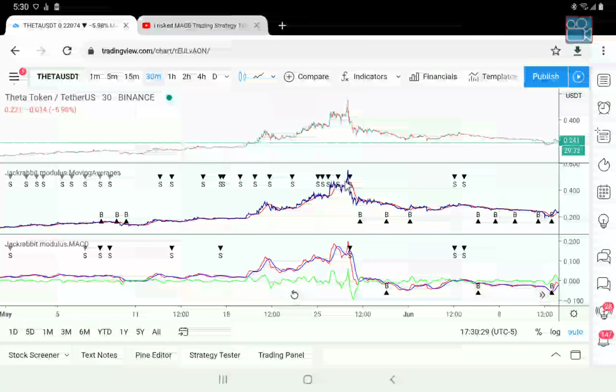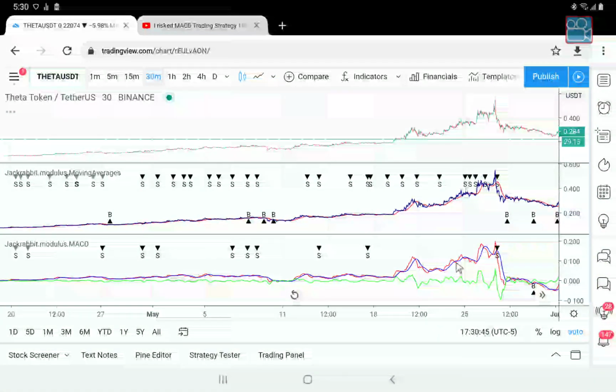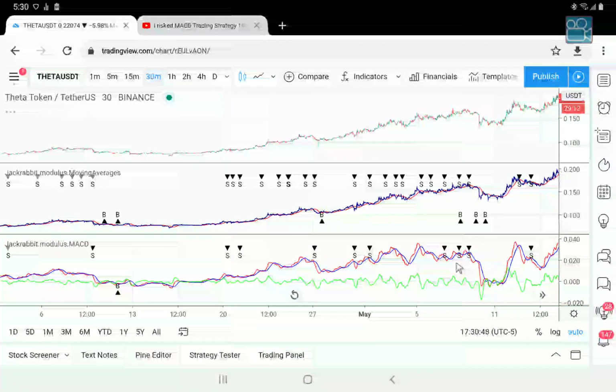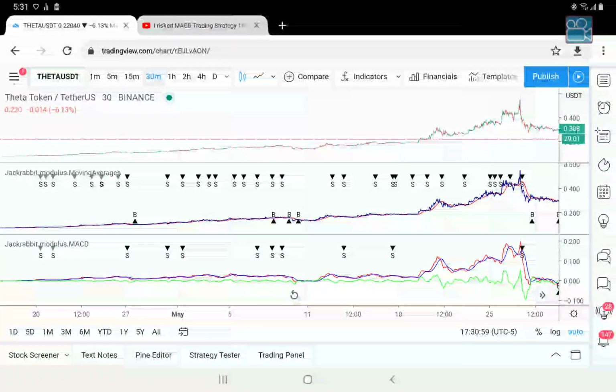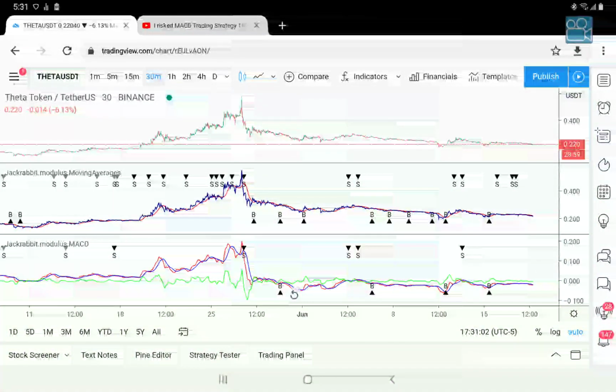Gets out right here, gets out right here, doesn't buy till all the way down here, makes a profitable sell. Important but specific. Again, not a lot of purchases. Theta is just not a good quality coin for reasonable in and out transactions. So this kind of a surgical approach works well.